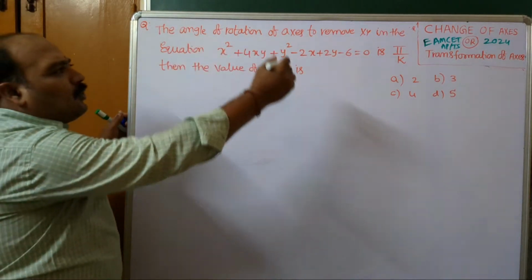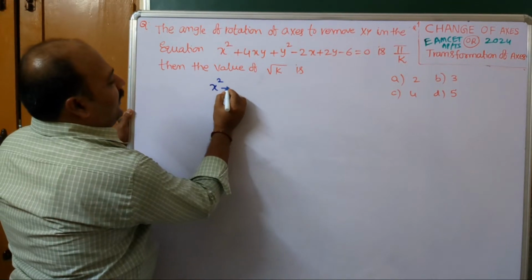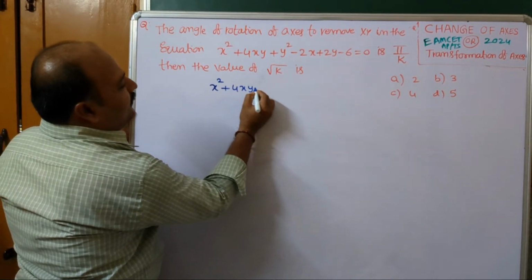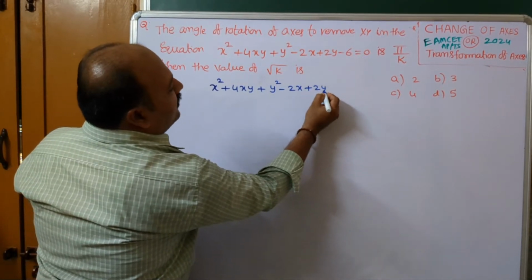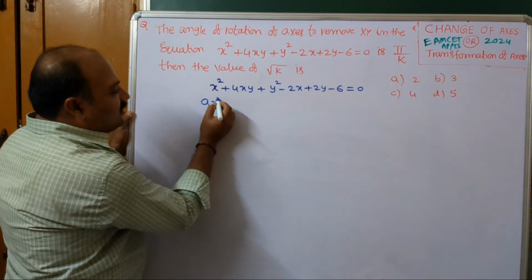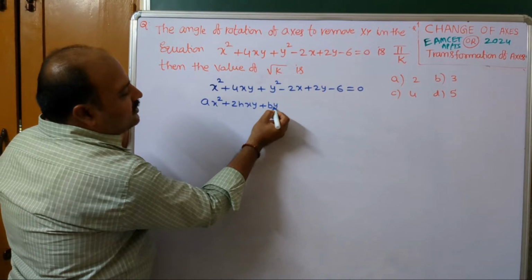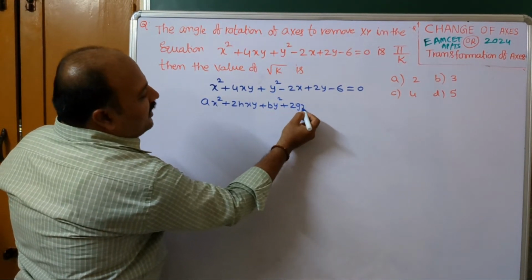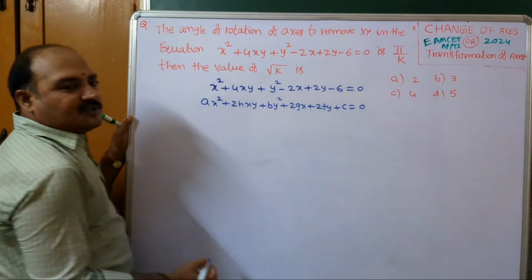So for the angle of rotation, first write the given equation: x square plus 4xy plus y square minus 2x plus 2y minus 6 equal to 0. Compare with ax square plus 2hxy plus by square plus 2gx plus 2fy plus c equal to 0.